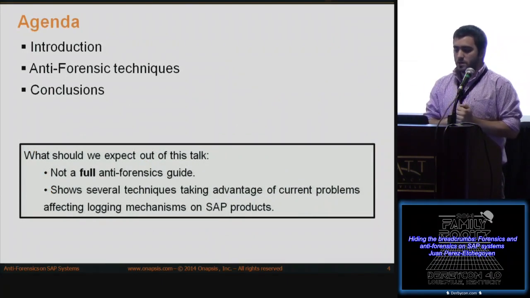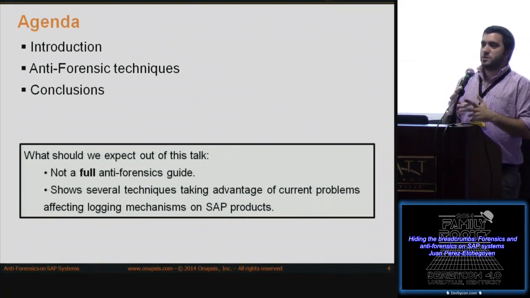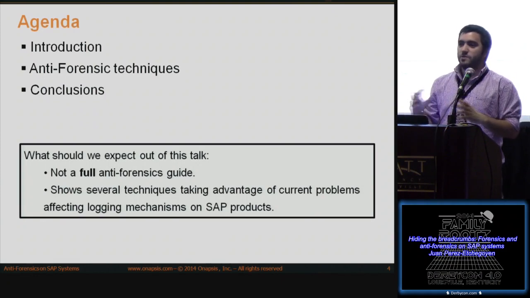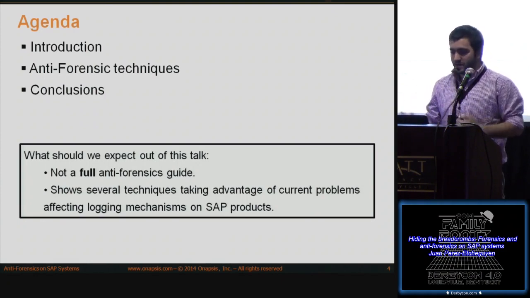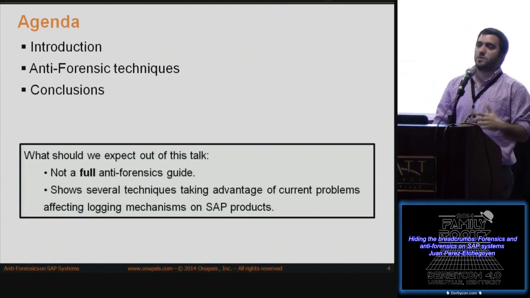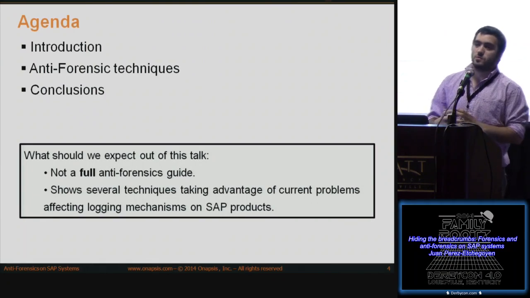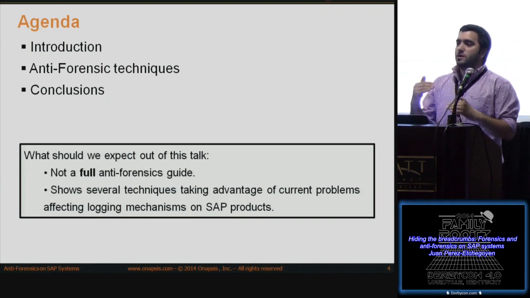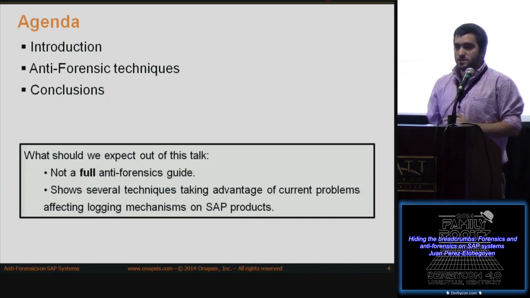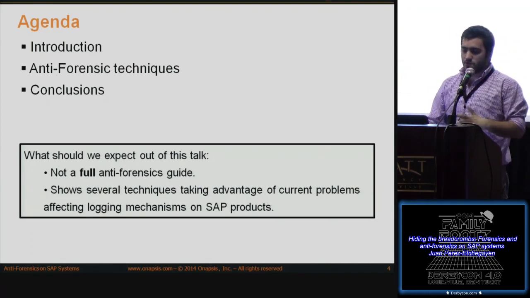We're going to talk about SAP systems very briefly for all of you that are not familiar with it. Then we're going to talk about the forensics techniques, which are the features that SAP actually provides in order to register activity on the systems and to be able to spot attacks on those systems. And then some anti-forensics techniques. I have some videos.